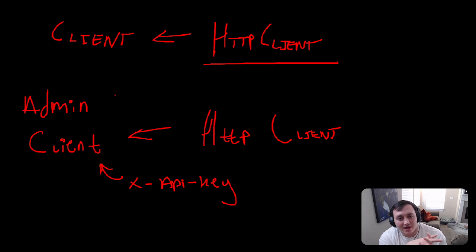Because right now the headers are not on a request basis. The headers are just for the whole client, right? All headers are being applied to the HTTP client that's passed in.